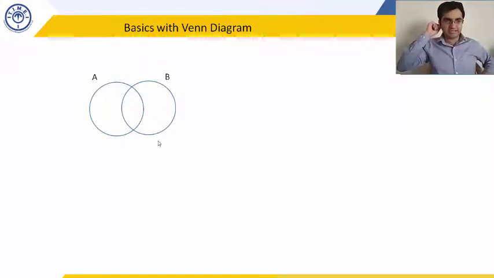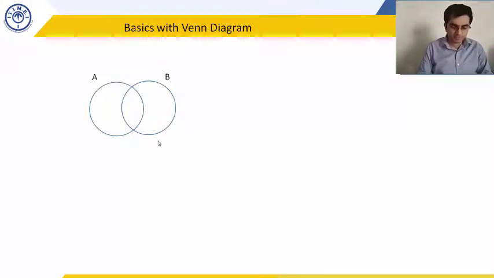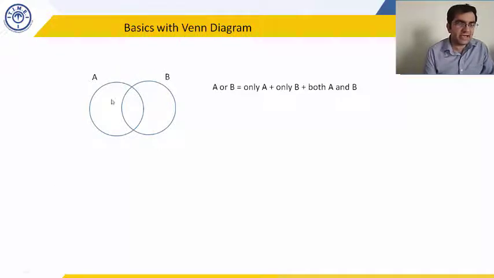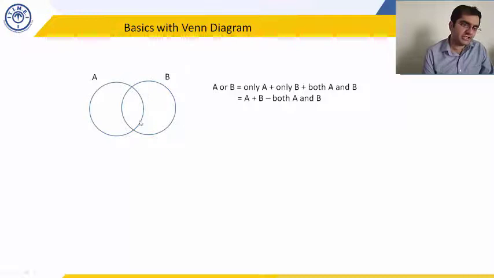We need to understand some results over here. Now, you have to find out what this is. This is basically A or B. A or B will consist of only A plus only B plus both A and B. You can also write this as total children studying subject A plus children studying subject B. What has happened is that this portion has repeated.